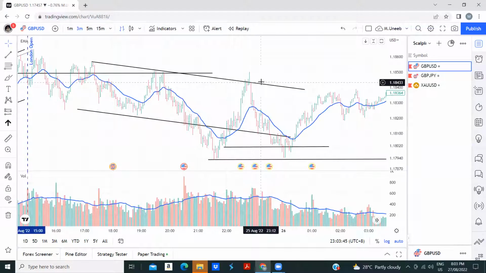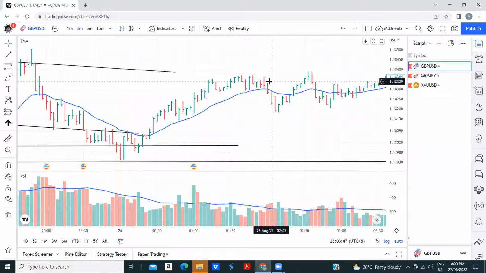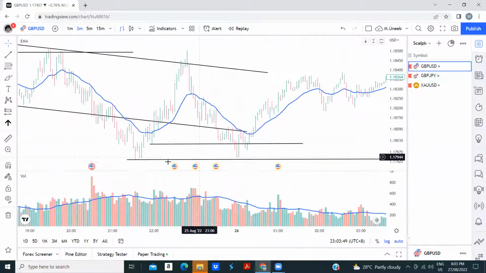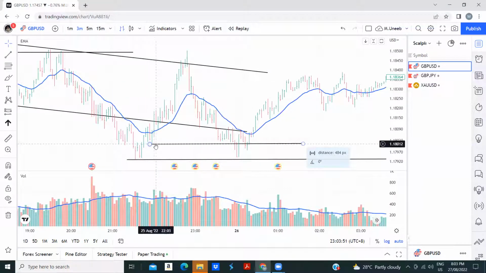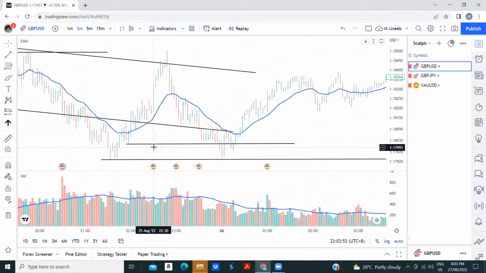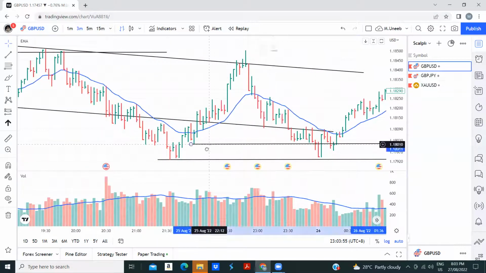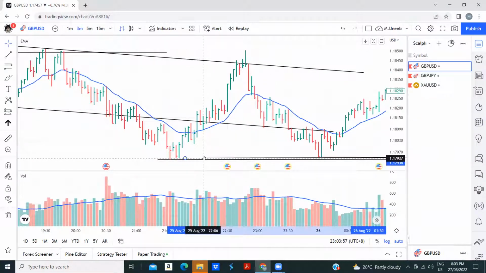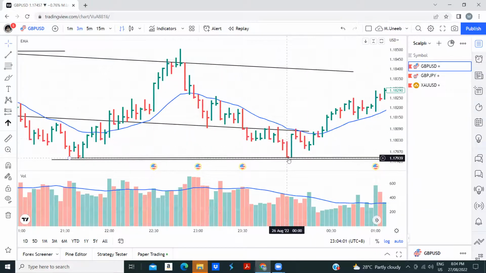Position to the upside. We mark this one, and then we mark the second higher low. So the second higher low was exactly from here. The price came back, tested this region, and tested here again, test of spring.